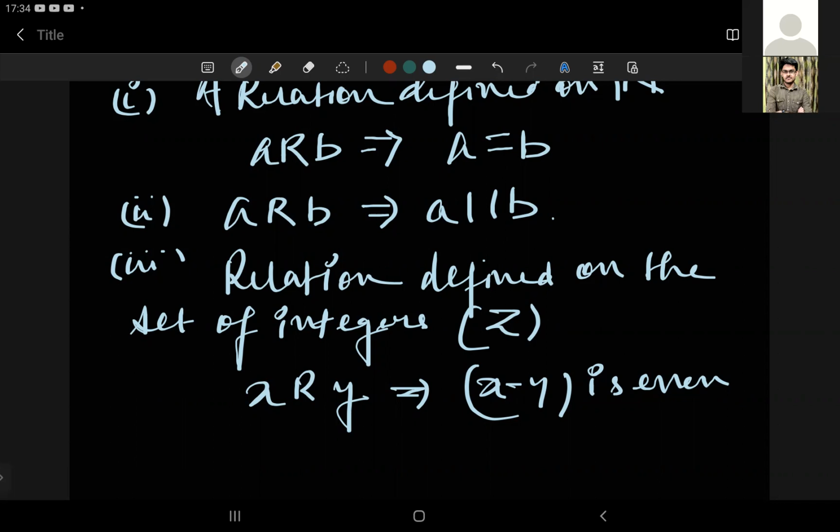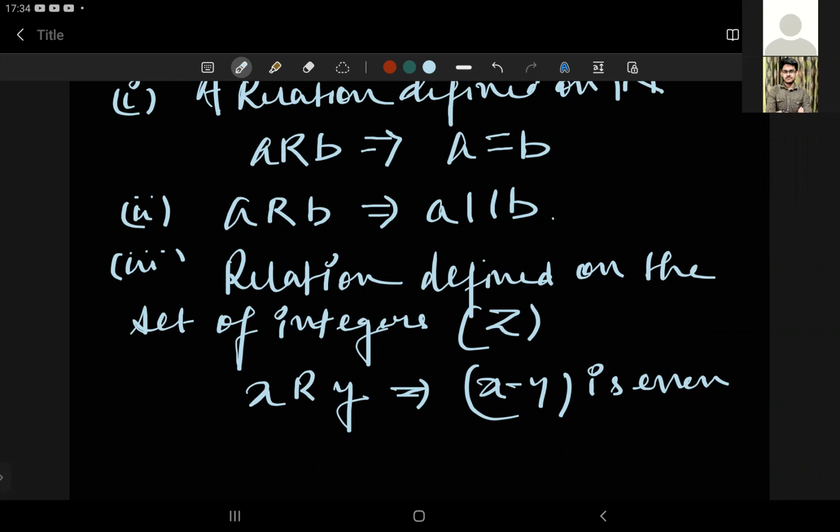So it is a symmetric relation. Then it would be a reflexive relation, because x minus x is 0, and we can represent 0 as 2 into 0, and 0 is an integer. So here also we get an even answer, and x comma x will also exist.